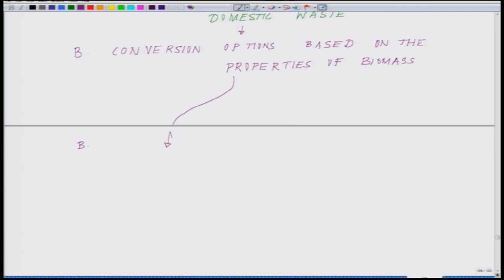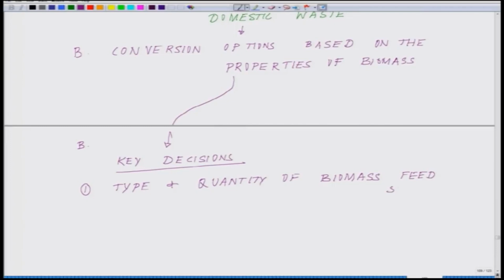So, one of the key decisions what we have to take before we decide what kind of conversion route we are going to follow, this includes the type and the quantity of biomass feedstock. Okay.